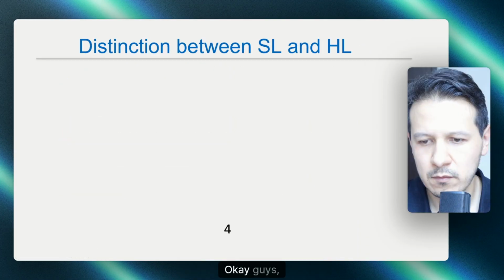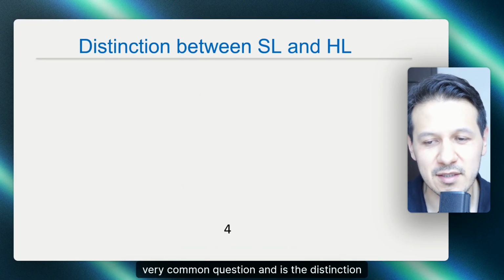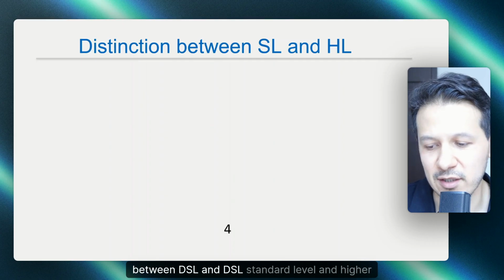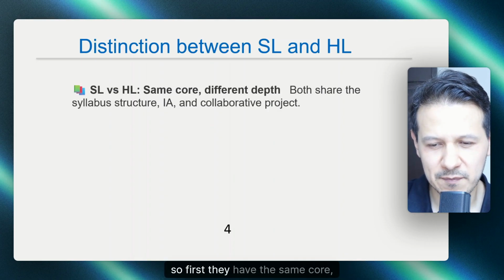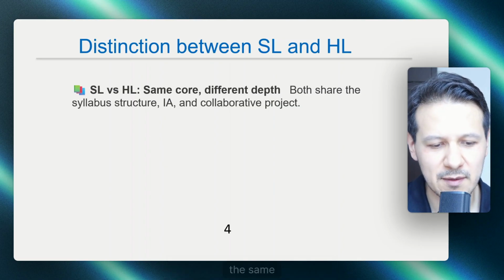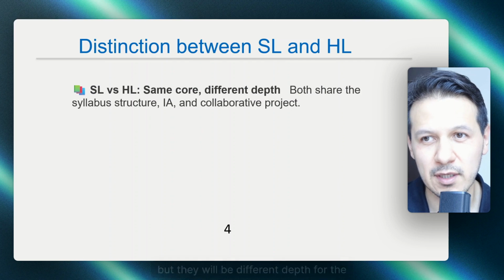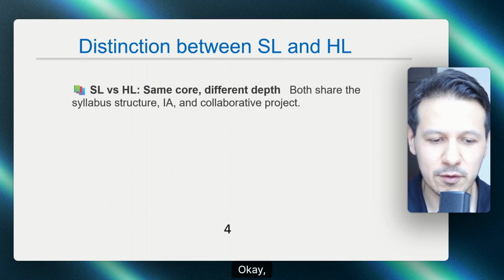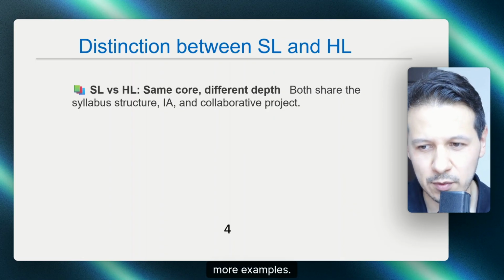Okay, guys, here we are in one of the most demanded parts and a very common question: the distinction between SL and HL, standard level and higher level. First, they have the same core, the same topics, but they will be different in depth for the higher level. We are going deeper in the higher level. I will show you more examples.